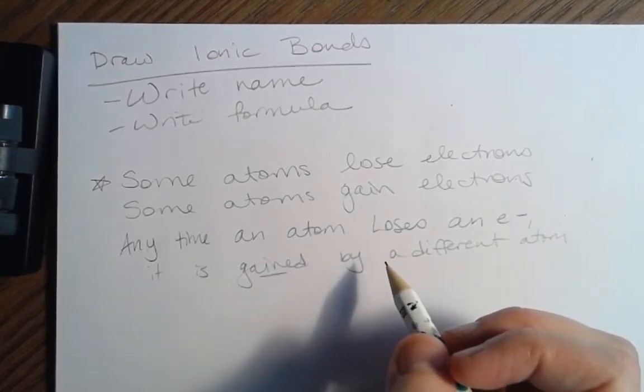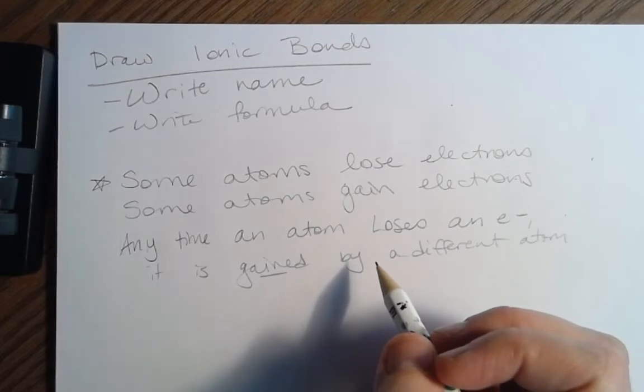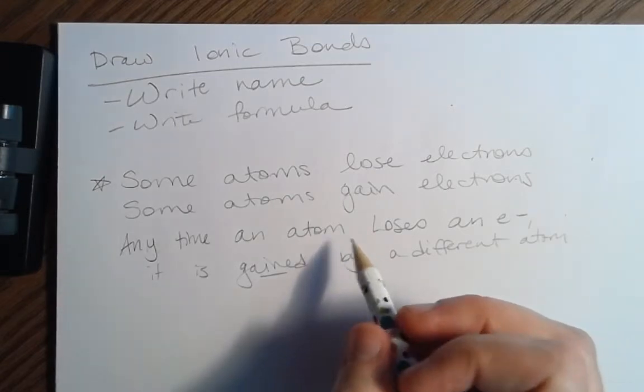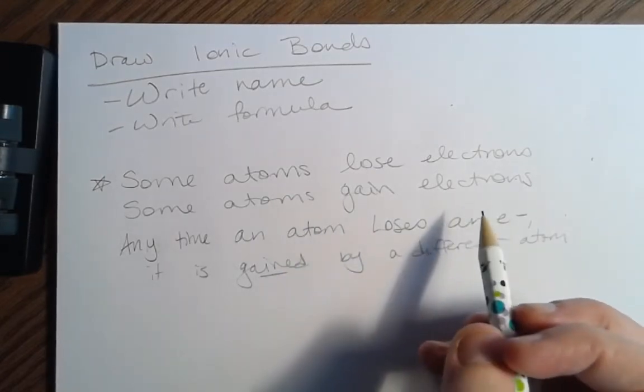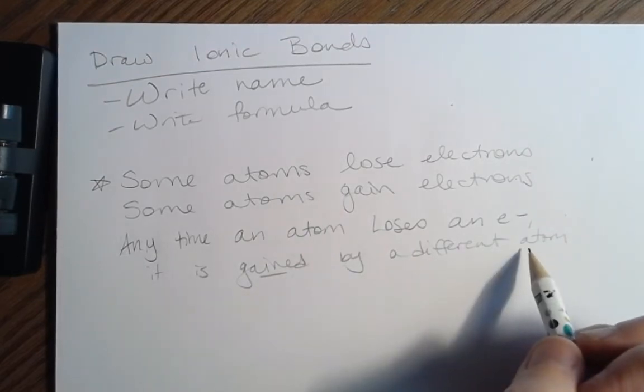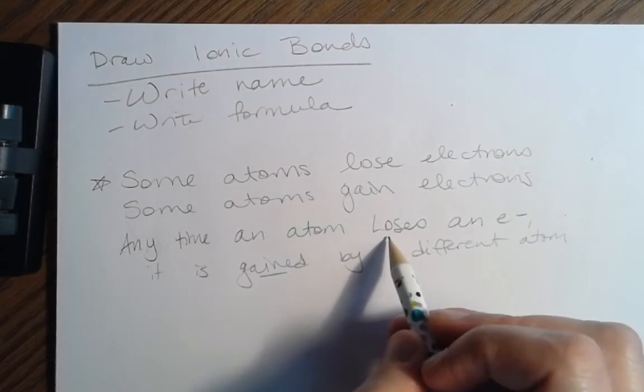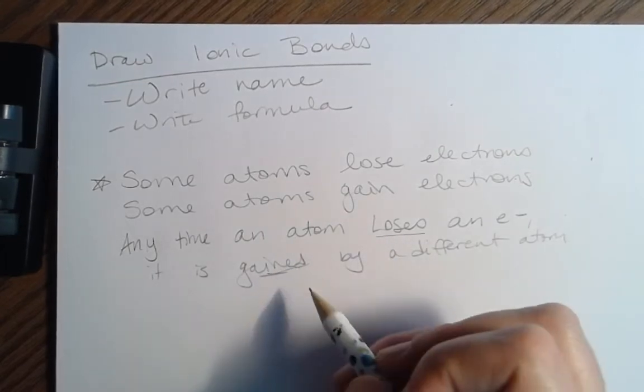This is kind of like when your sodium hits the water and then it explodes, that moment of exploding. You've got an atom turning into an ion and a different atom also turning into an ion. So they always go in pairs. Anytime somebody loses, somebody else gains.